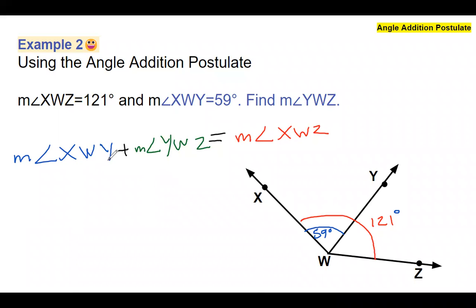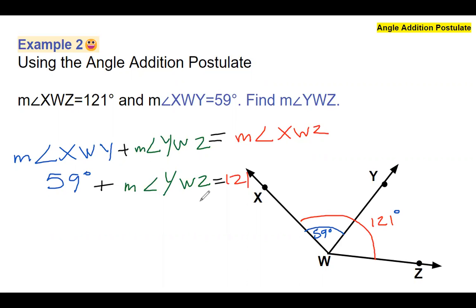Now let's substitute our values. What do we have here? We have XWY, which is 59 degrees. Measurement of YWZ is missing. Measurement of YWZ. And then equals our beautiful measurement of XWZ, which is 121. Go ahead, Mio. All right, what do we do here?